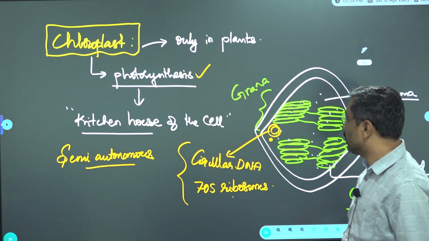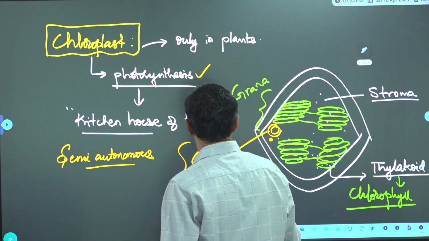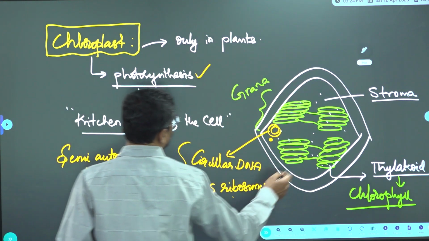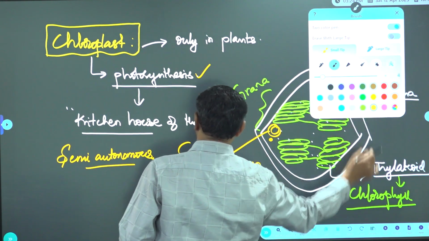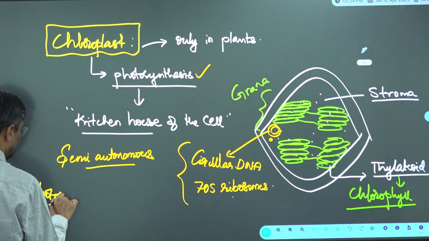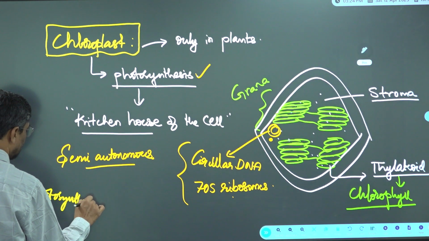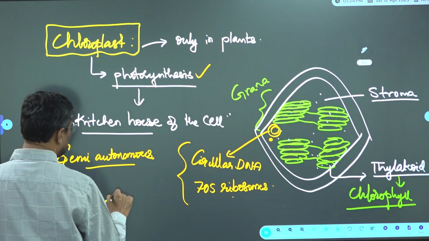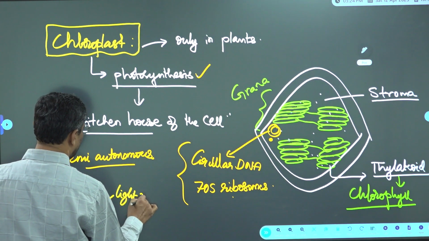And next, photosynthesis. Photosynthesis occurs in two steps: light reaction and dark reaction.